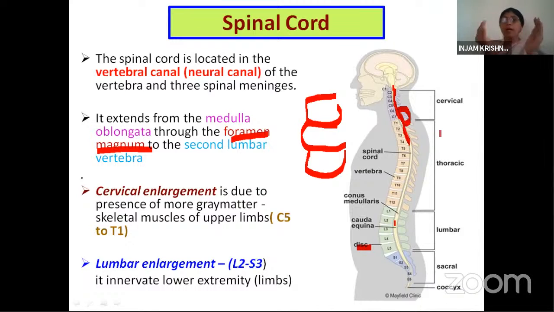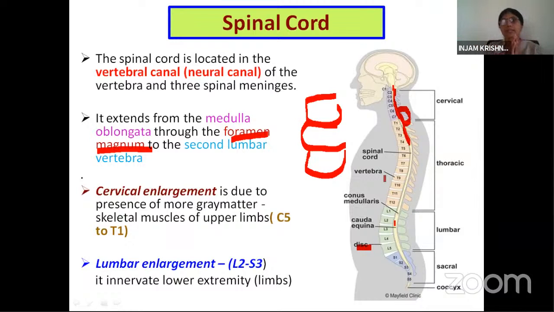Here, some enlargement, bulge or projection. Why? Because more gray matter is present. Why do we need more gray matter there? Because there the upper limbs start. It is associated with the upper limbs.